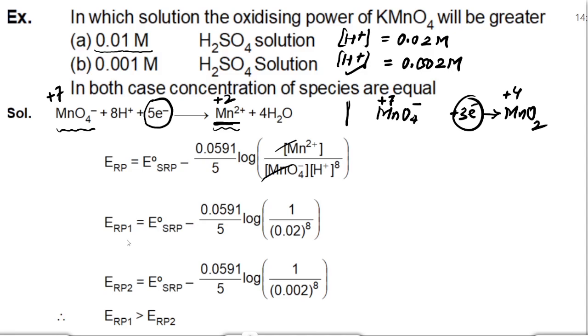So see, in the first case it is 1 upon 0.02 raised to power 8. In the second case it is 0.002 raised to power 8. So obviously reduction potential of first is greater than reduction potential of the second. Got it?